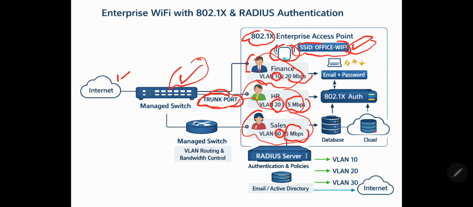RADIUS server, or the brain of the system. You can see here. The RADIUS server decides who the user is, which department they belong to, and which VLAN they should enter. It checks user data from Active Directory, a database, or cloud services.